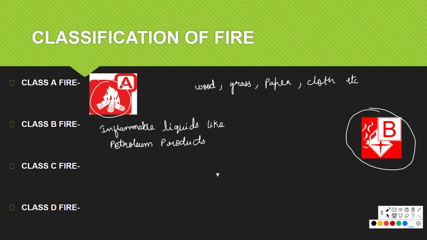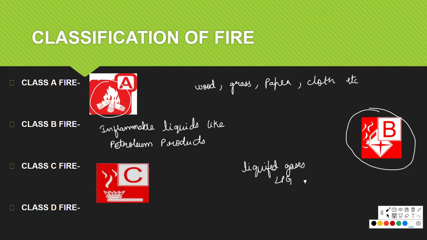Class C fire: fire involving flammable gases under pressure, including liquefied gases. Fire caused by liquefied gases like LPG is classified as Class C fire. We usually use this in cooking.